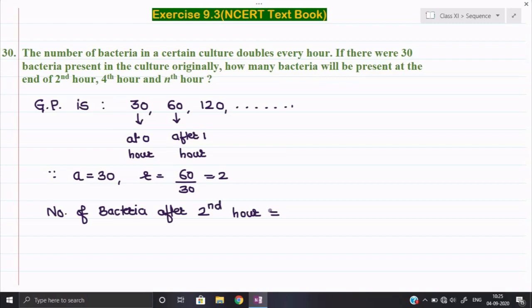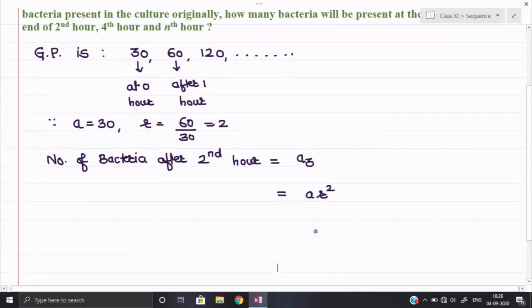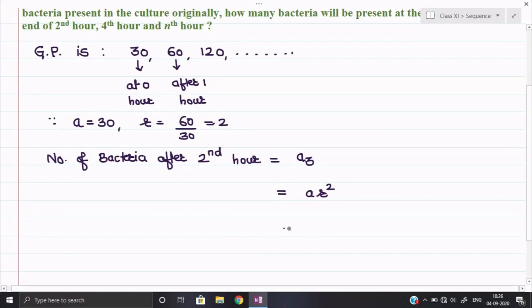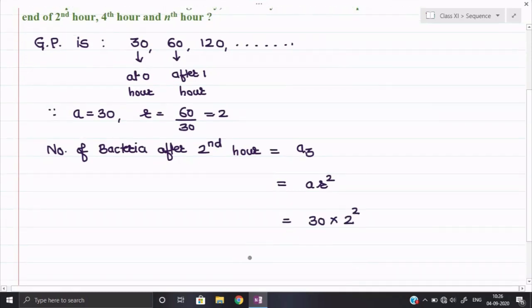Means if I want to find out the number of bacteria after 1 hour, it will be equal to the second term, or A2. Similarly, the number of bacteria after second hour will be equal to A3, the third term. Value of A3 will be A into R square. A will be equal to 30 and R will be equal to 2. So square of 2 will be 4, and hence it will become 120. That is your first answer.